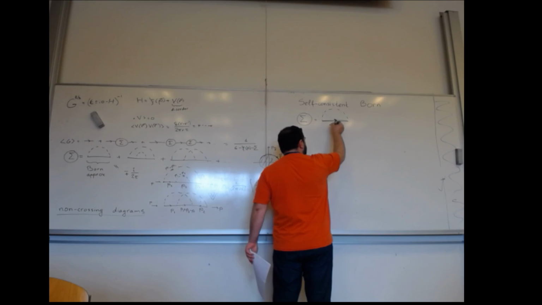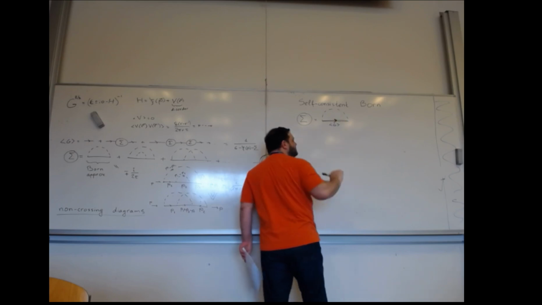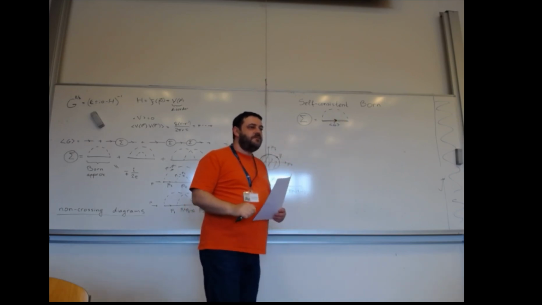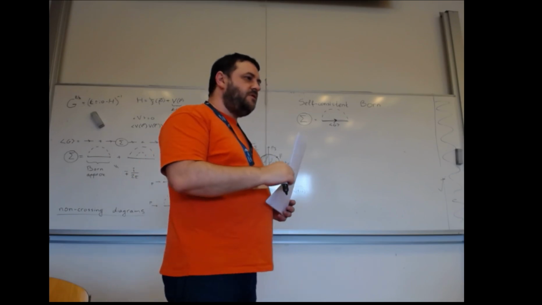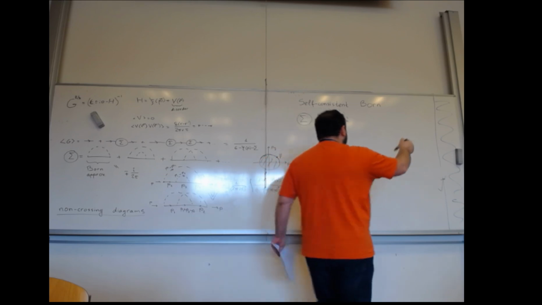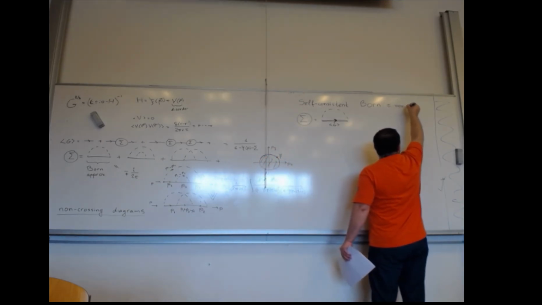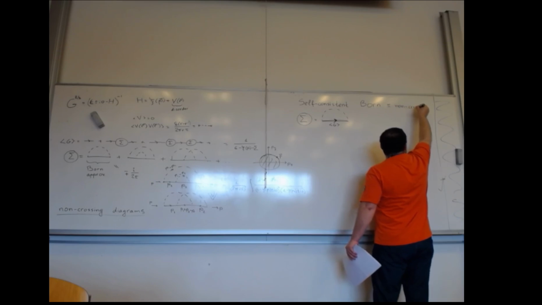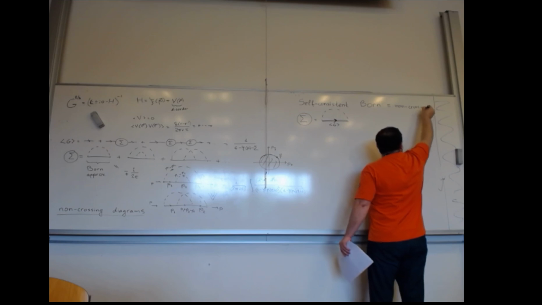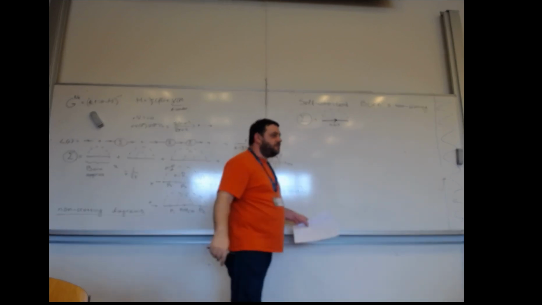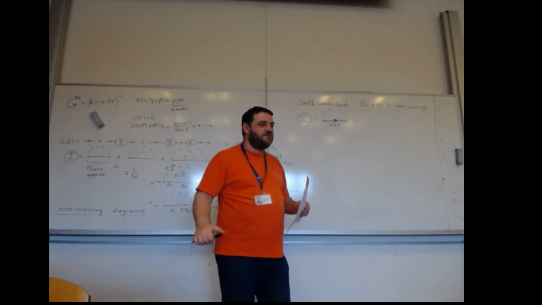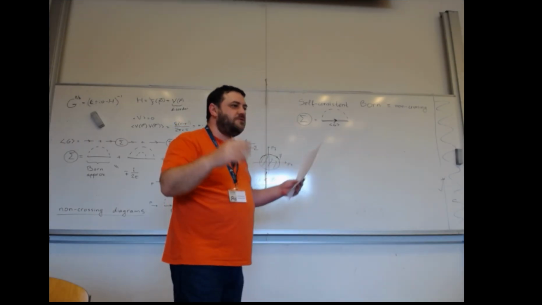So this is the average function inside sigma. This is the same as the non-crossing approximation, and the way to sum up all non-crossing diagrams is called self-consistent Born. It's just a synonym.